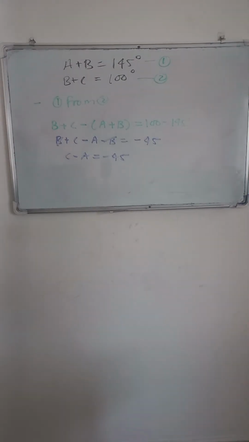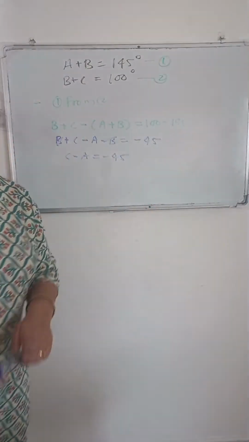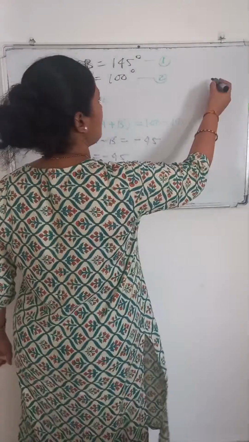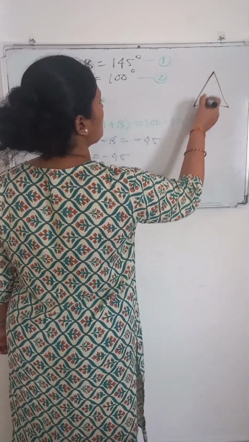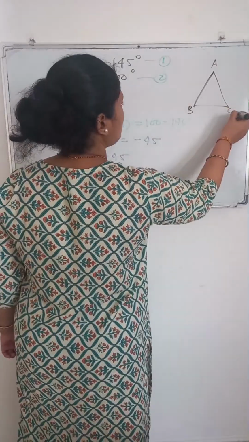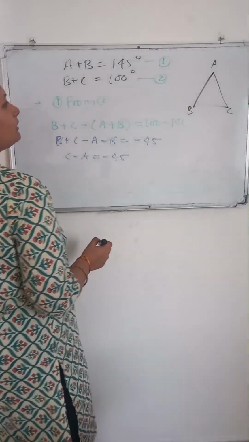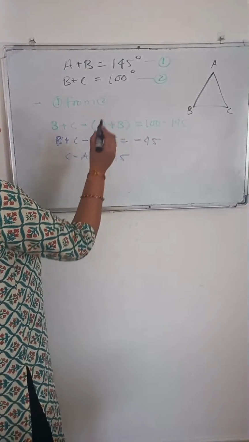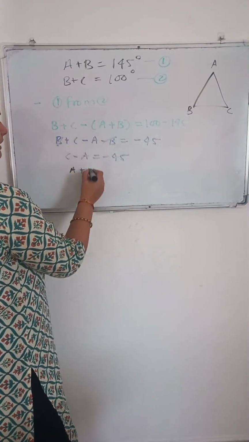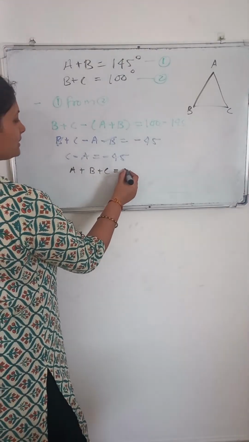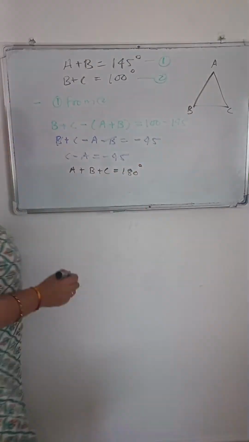Then how can we calculate the angles? Okay, and here one more piece of information is given. A, B, C are the three angles of the triangle. So if I draw this triangle here, this is the triangle, and we know that in a triangle the angle sum A plus B plus C is equal to how much? 180 degrees.